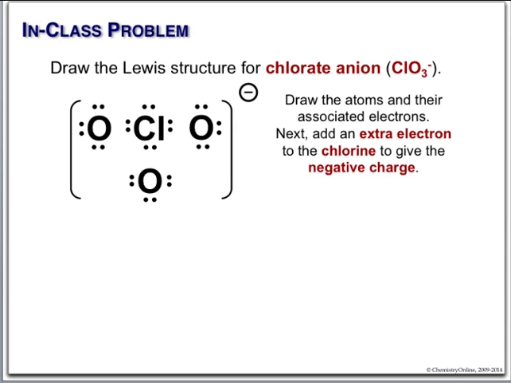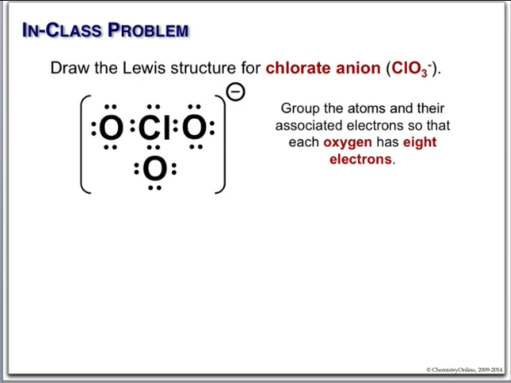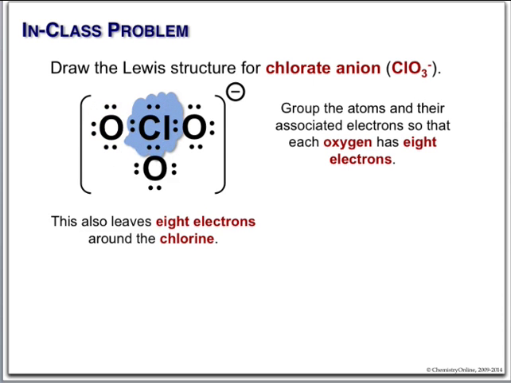Now we can scooch everything together. We can make 1 bond here, 1 bond here, 1 bond here. Each oxygen will have 8 electrons. A chlorine will also have 8 electrons.